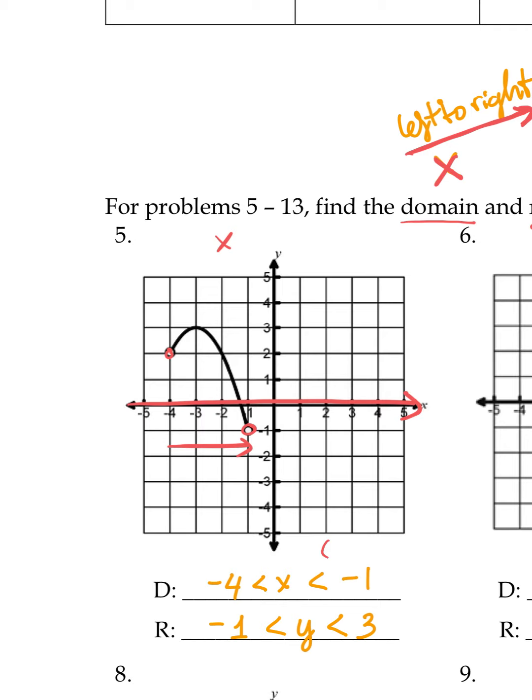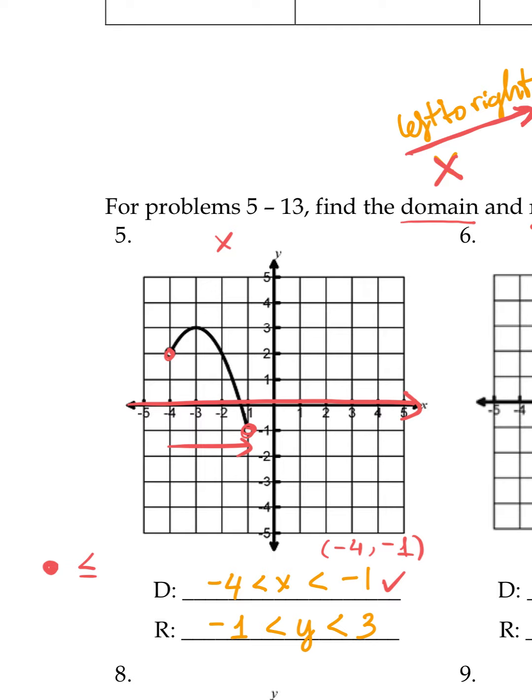There's another way to write it, or you can say x is greater than -4 and less than -1. Because they are open circles, the -4 and -1 are not included, so that's why it's just less than. If they are shaded, you're gonna use the less than or equal to sign.